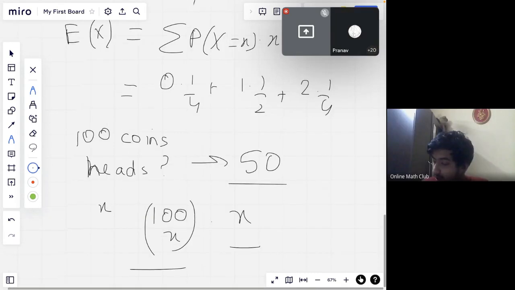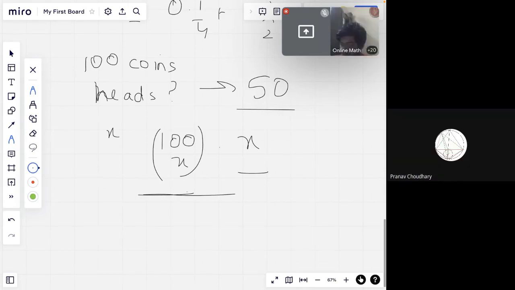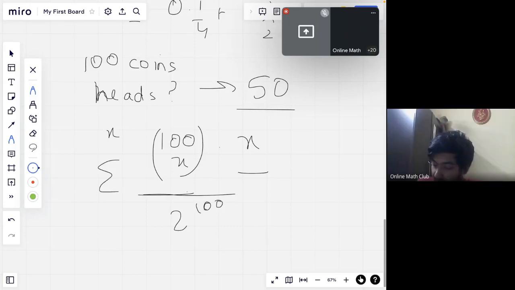Now we divide it by 2 to the power 100, the probability of each outcome, and we sum it over X equal to 0 to 100, and we'll get 50.